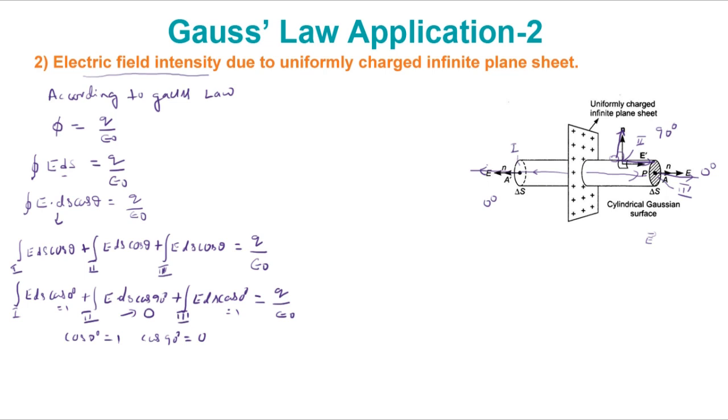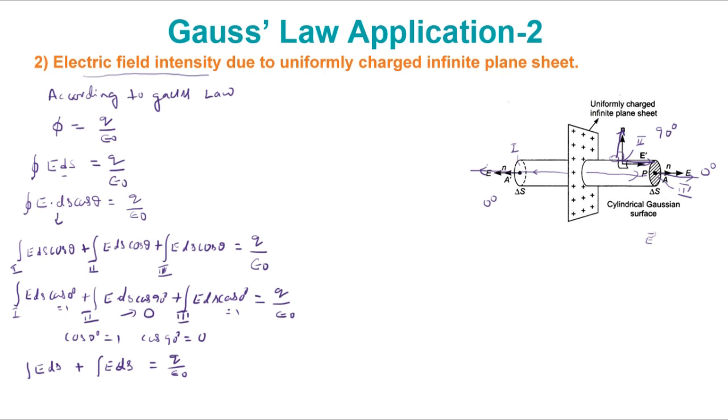Are you clear? Now I will write what is left. Integration of E into ds, because cos 0 is 1, plus E into ds for the third part, which is also 1. E into ds is left, which is equal to Q by epsilon naught.